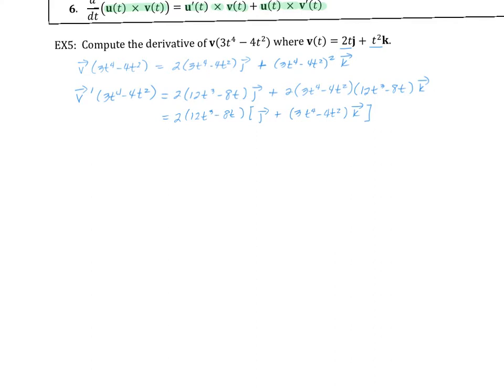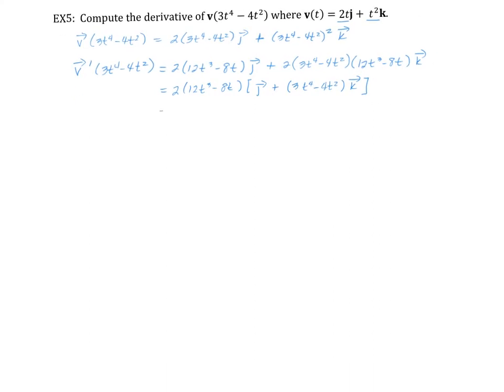All right, on the outside of those brackets, it looks like I could factor this further. The 12t to the 3rd minus 8t, it looks like I can bring out a 4t. So if I factor out 4t, it becomes 8t parentheses 3t squared minus 2.